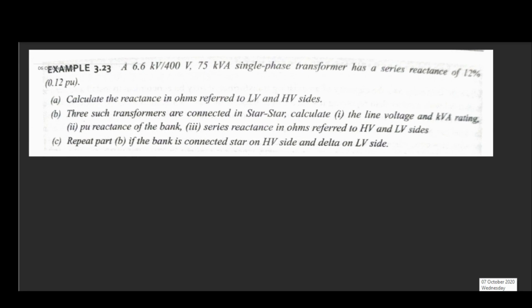Now here we have a problem, but before we solve that problem, let us discuss something very basic about three-phase impedance.